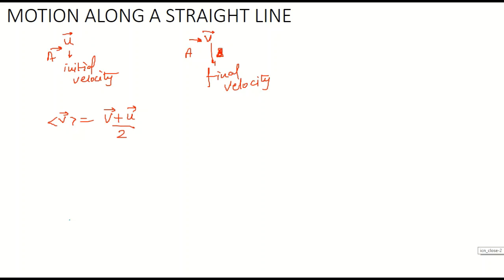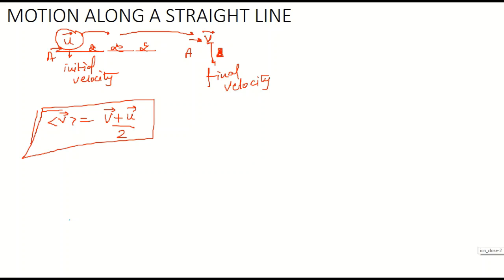It's not like it has covered some distance with velocity a, then some distance with velocity b, then some distance with velocity c. It is like it started with initial velocity u and then reaches final velocity v with some acceleration or by some increment. Then the average velocity will be the sum of the velocities, that is v plus u by 2.